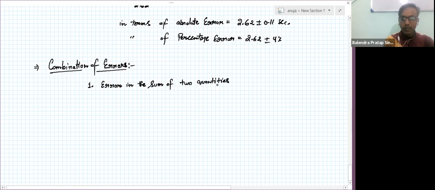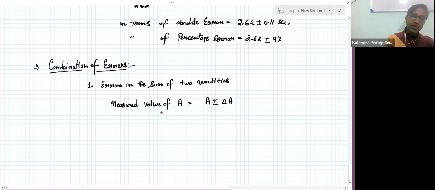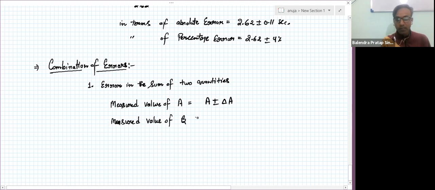Suppose the first quantity is capital A, and the measured value of A is A plus minus delta A. Measured value means A is the true value plus minus error in A. There are two quantities: the first has value A plus minus delta A, and another quantity whose measured value of B is B plus minus delta B.